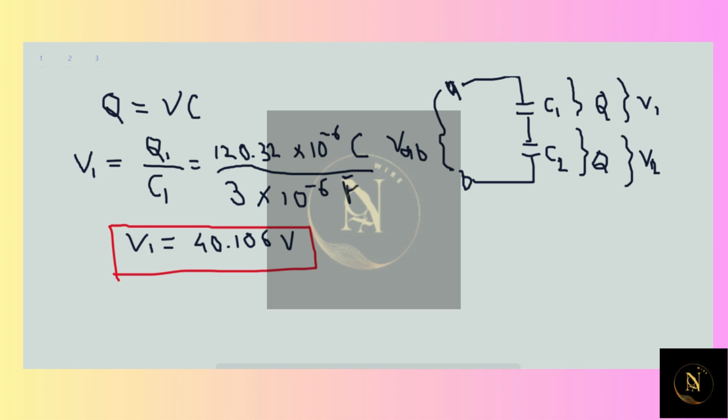And similarly, the potential difference across the capacitor C2, which is V2, is given by Q2 over C2.